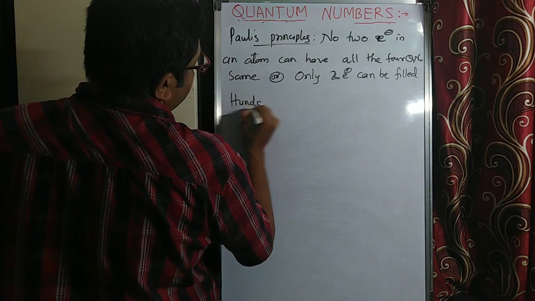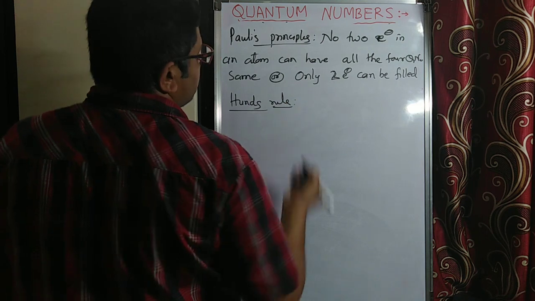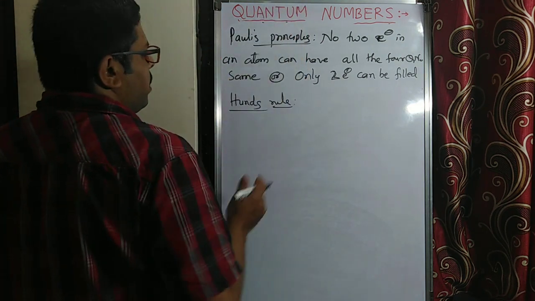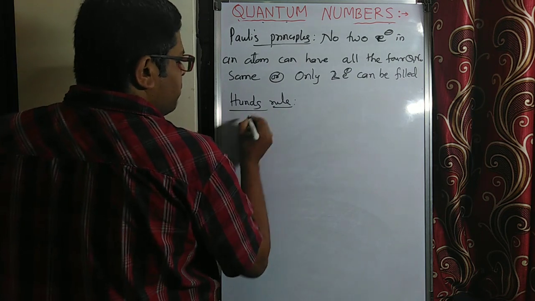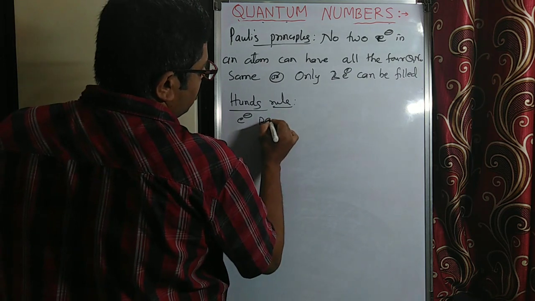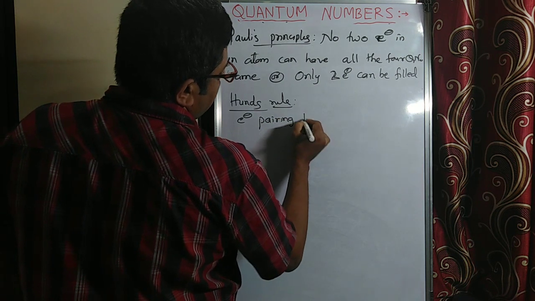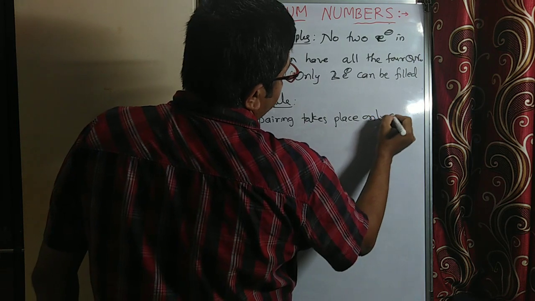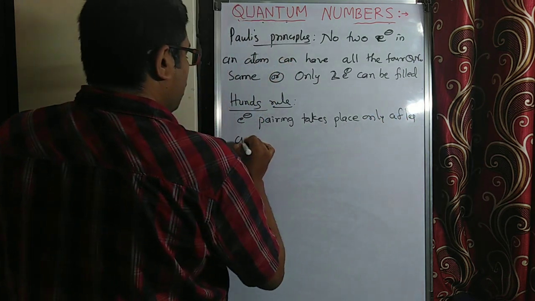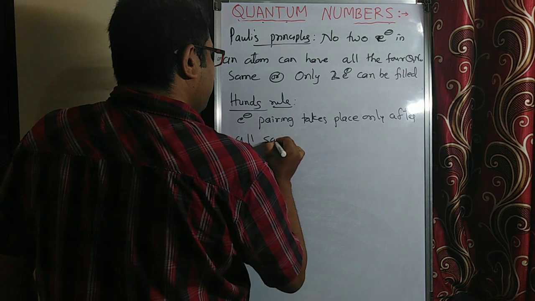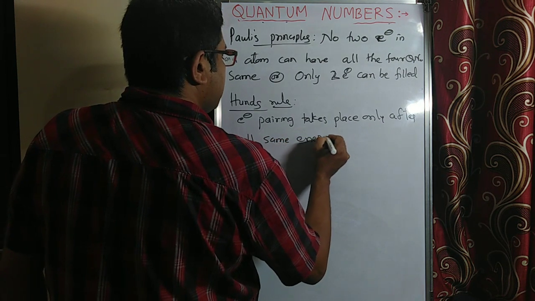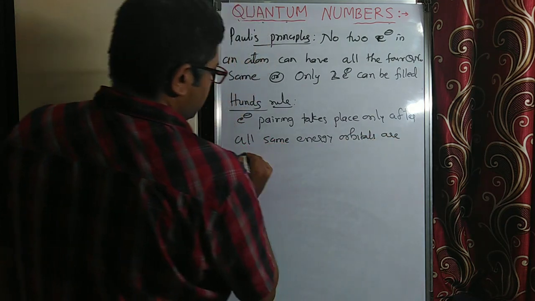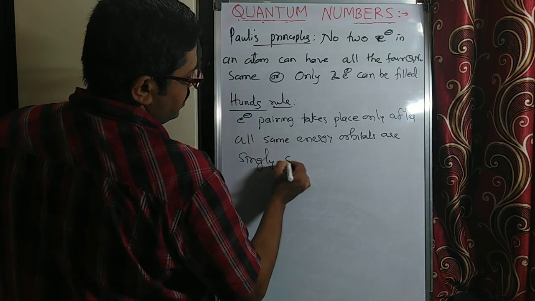Then the fourth one is Hund's rule. Some lecturers will call it Hund's rule also, fine. In this particular case, very simple: electron pairing takes place only after all same energy orbitals are singly occupied.